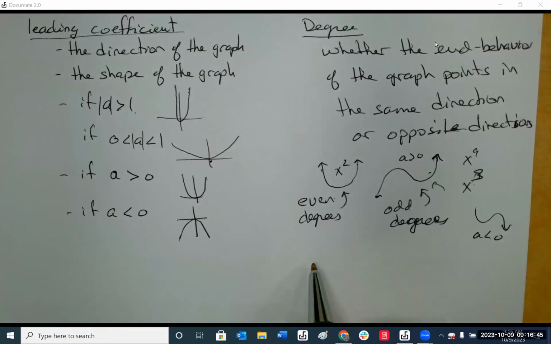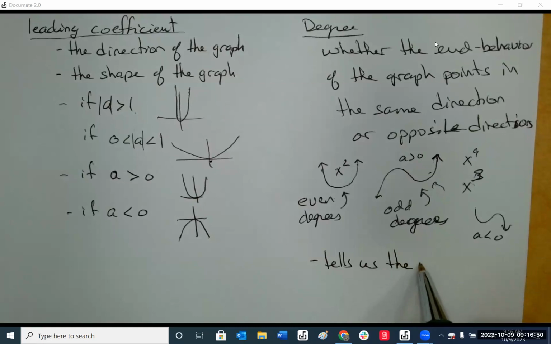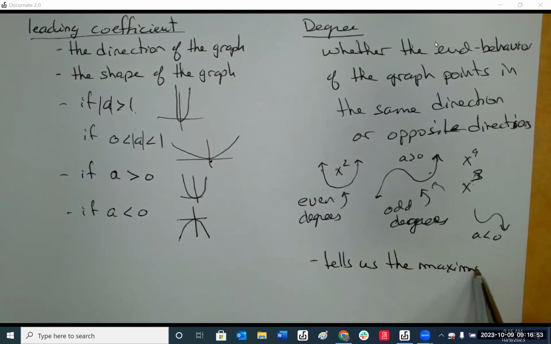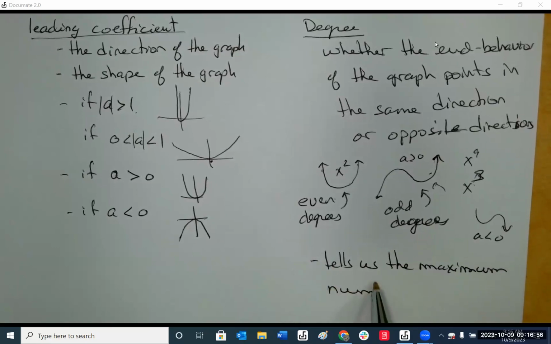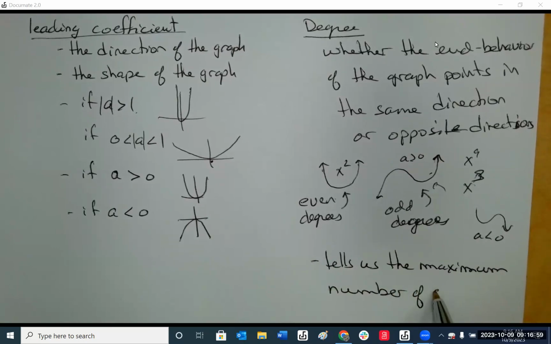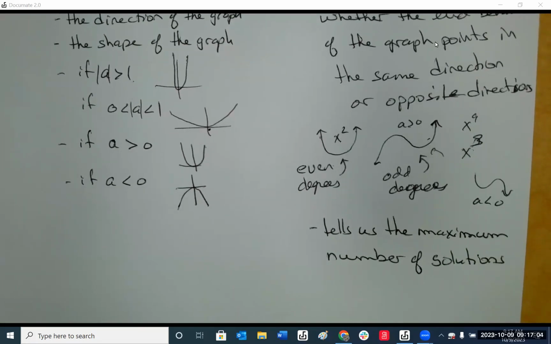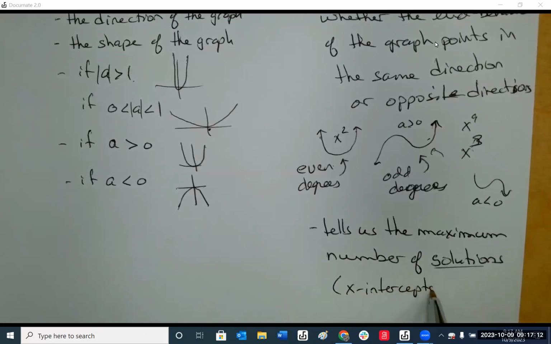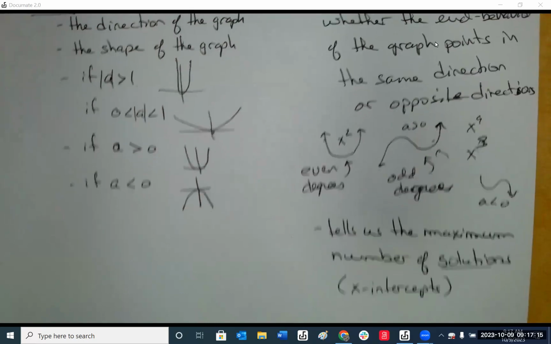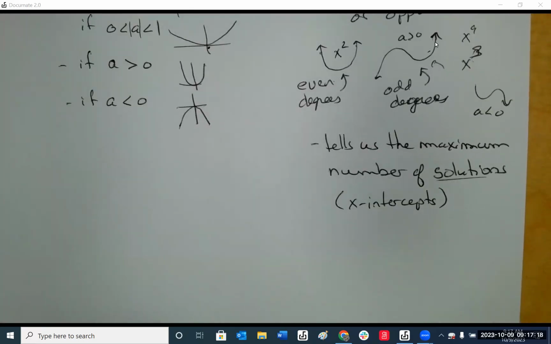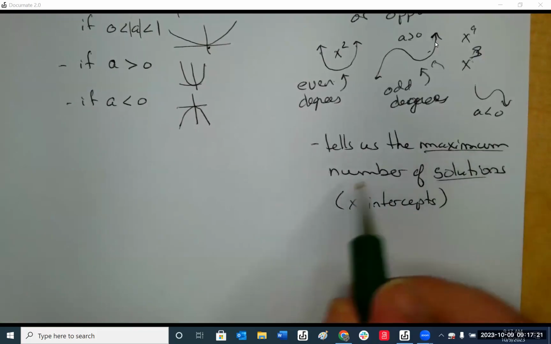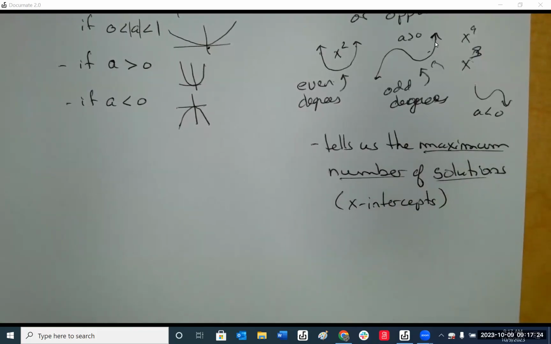Another thing the degree tells us is the maximum number of solutions. When I say solutions, I mean x-intercepts. And the reason I say maximum number of solutions, I'll show you in a second.